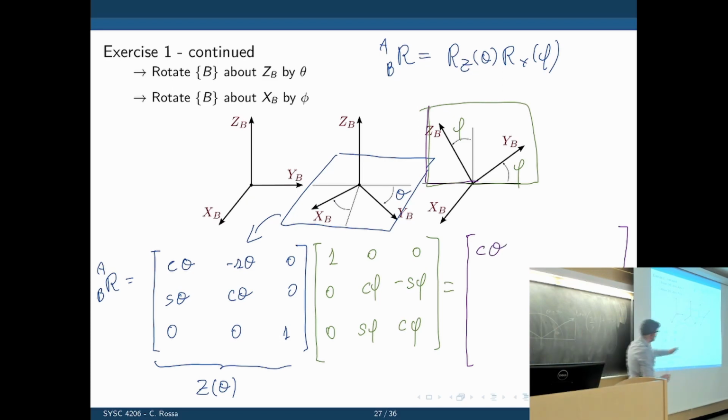What's the next element? Well, same matrix, now go to the middle here. So the only ones that are non-zero are this times that, and 0 times that, you're left with negative sine theta cosine phi.